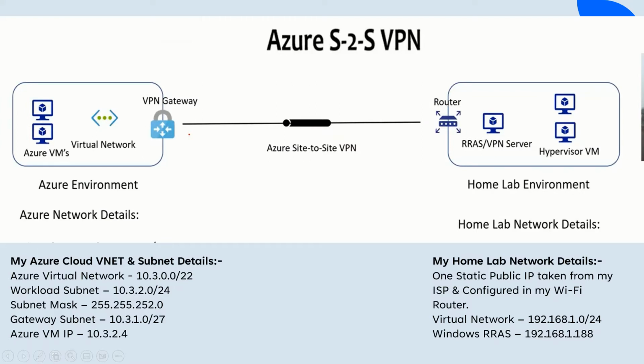This picture shows pretty much our scenario. In place of the router shown on the right side, we will be using the Routing and Remote Access server, RRAS server, as a VPN server.